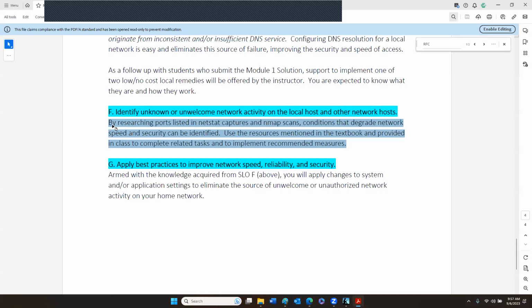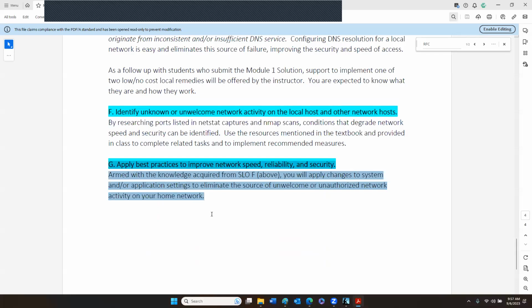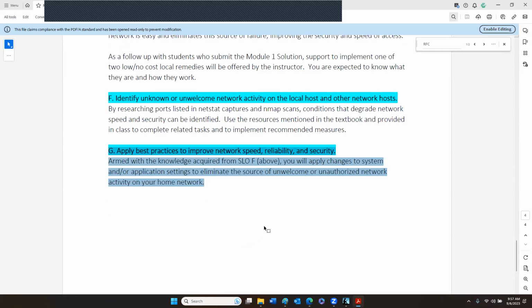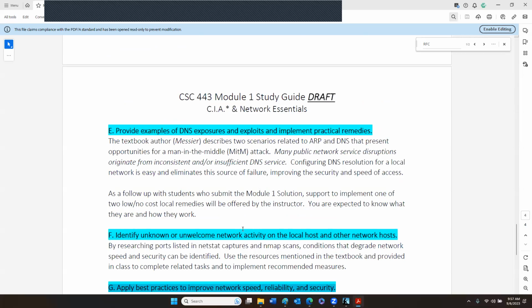I don't want to have to post zeros to get attention, but if you haven't finished your solution, we'll take this up on Friday in our hands-on session, and we want to start working on what to do to build the DNS system for your home network as we review your first attempt of the Module 1 assessment. So you will complete the first attempt of the Module 1 assessment by 9 a.m. this Friday, okay? So please take the time to read this draft of the study guide thoroughly.